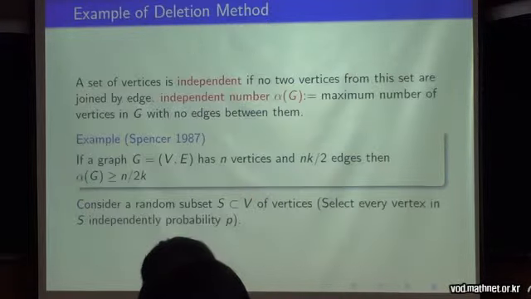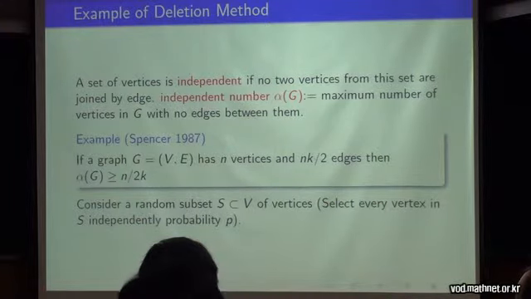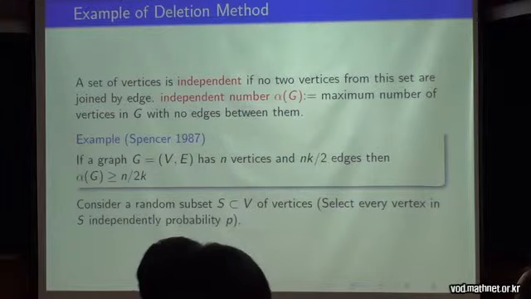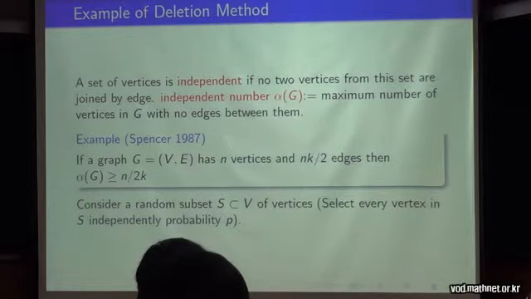Actually, in today's talk, this conjecture is not the main part, so I will just give a simple example of the deletion method for people who don't know it. I define the independence number as the maximum size of an independent set.